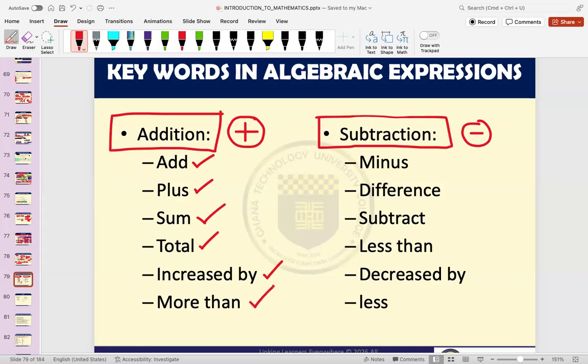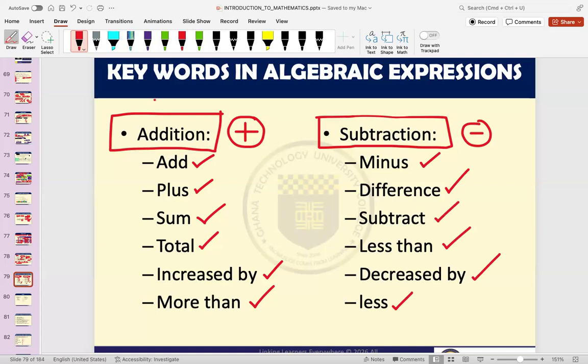These are all words that are representing the addition sign. And then what about the subtraction? For subtraction, you have minus, difference, subtract, less than, decrease by, and then you have less.